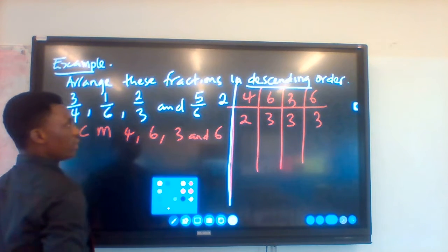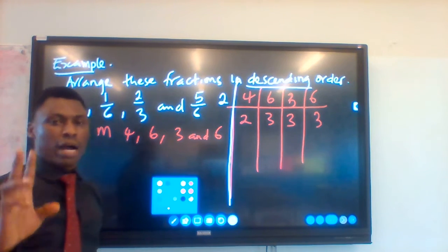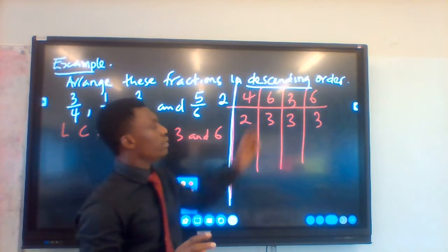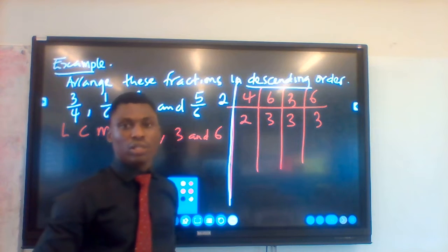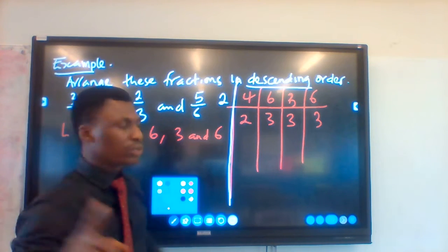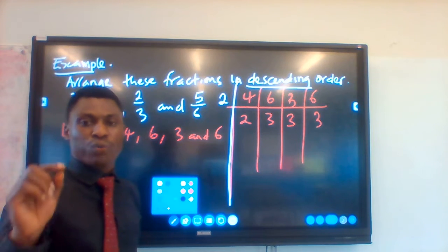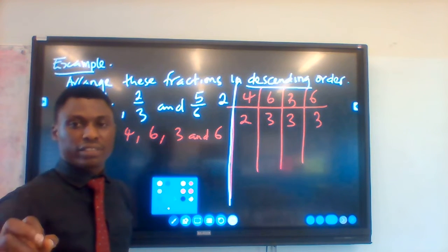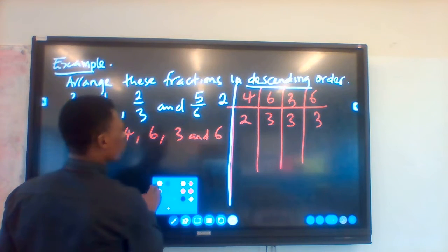Yes. 2 will go in 4 2 times. 2 will go in 6 3 times. 2 cannot go in 3. It will always have a remainder of 1. So you transfer it to this place. If you have not checked that video for LCM and HCF, please check. Alright? What are we going to use again?